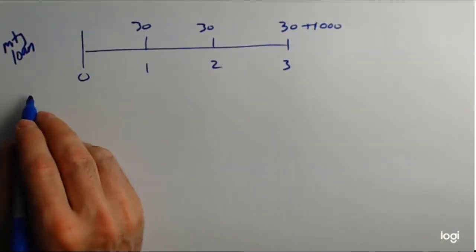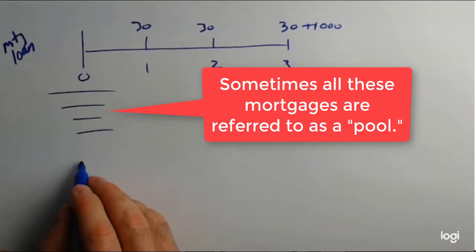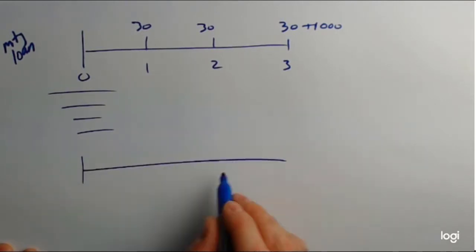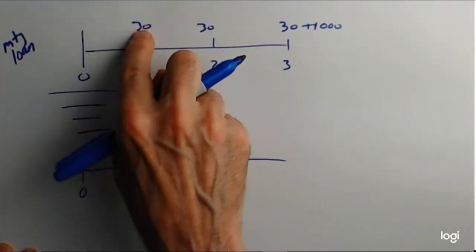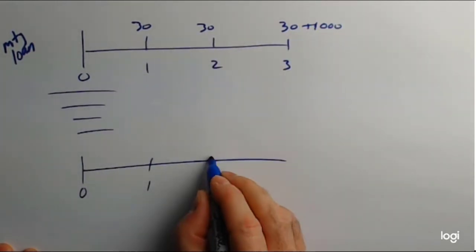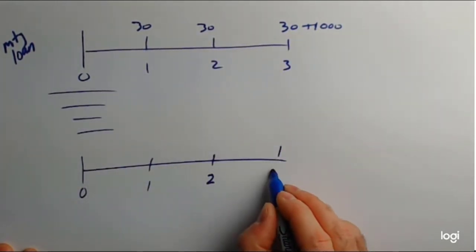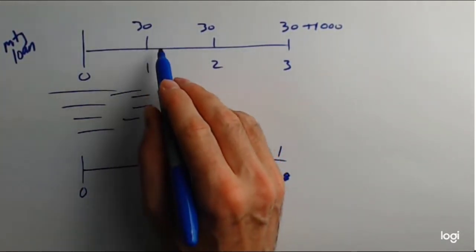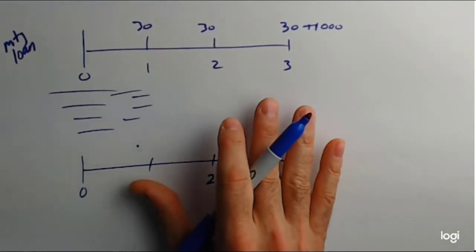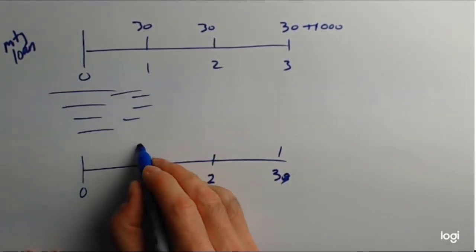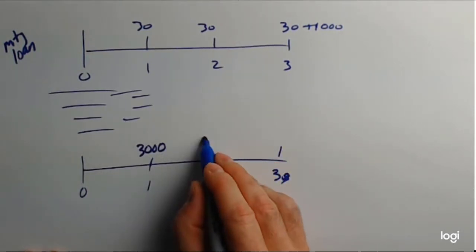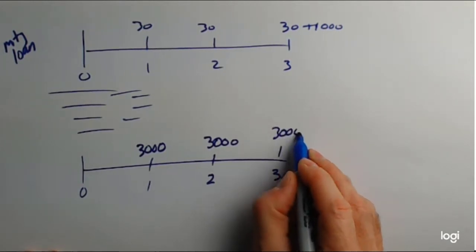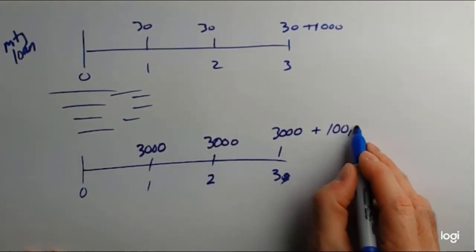So think about thousands of mortgages, and let's just say, to make the math easy, that there are 100 different mortgages they're buying, and they all happen to have the same cash flow, a 3% mortgage. If you add all these up, the interest on these 100 mortgages in total would be $3,000, and then it would be $100,000 in principal coming back.